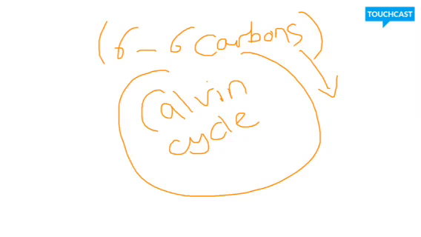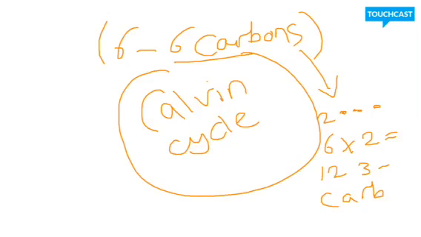So what does that mean? If each 6 carbon splits into 3 carbons, you will multiply 6 times 2 to give us 12 3-carbons. Does that make sense?